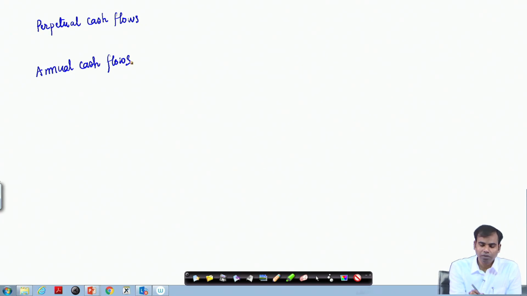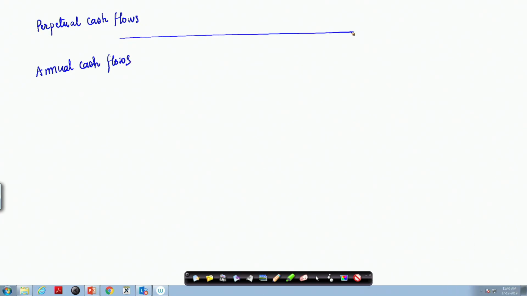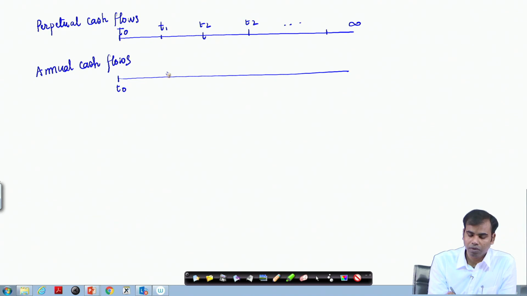So, perpetuity cash flows are basically the cash flows which are going to be in future. So, this is T0, T1 and so on, and annuity cash flow will be given for a certain number of periods.